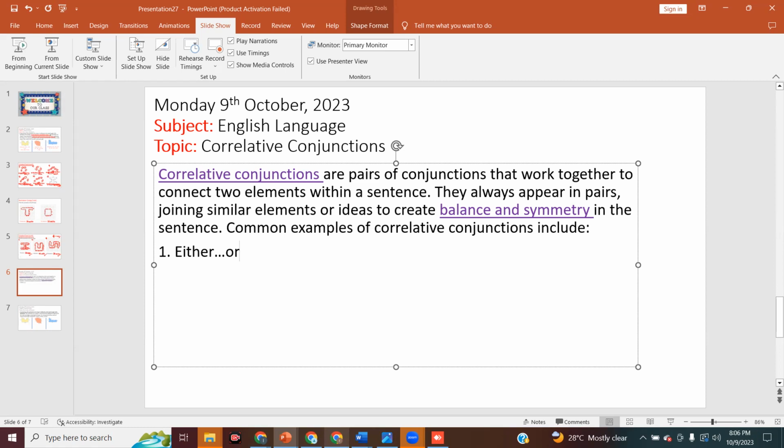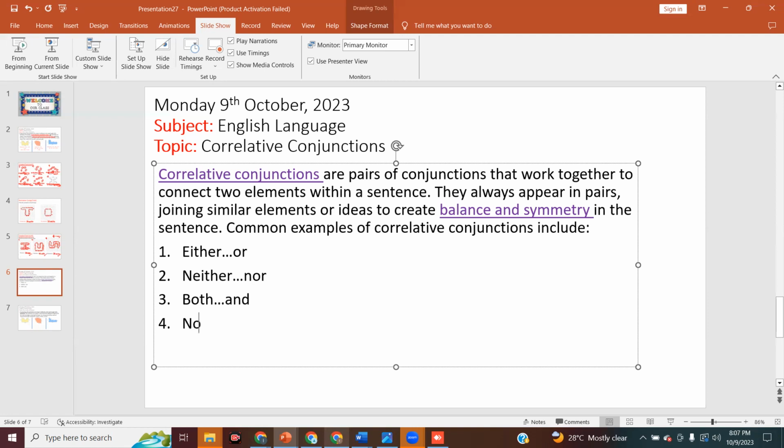The next one, if I say neither, neither nor, very good. So either or, neither nor. What do we call them? Correlative conjunctions. Very good. How about both? What comes with both? And, very good.